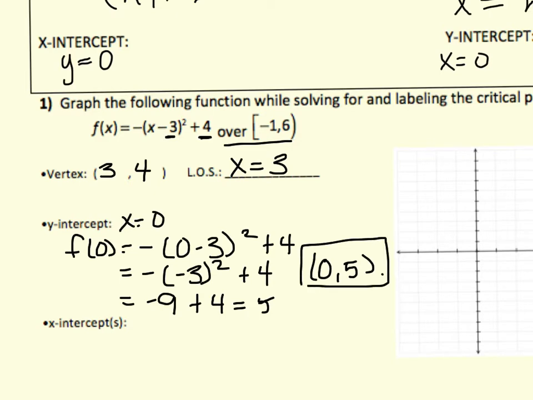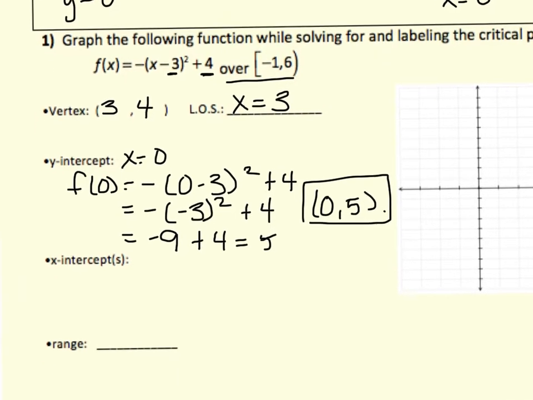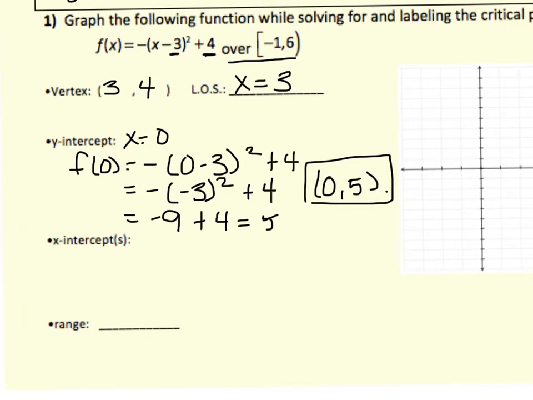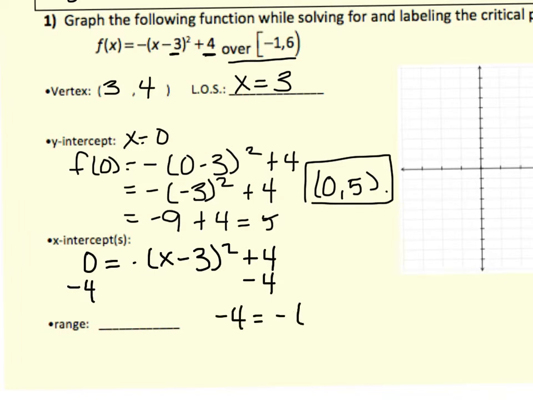The x-intercept is where y equals 0. So instead of f of x, I'm going to put in 0 equals negative (x minus 3) squared plus 4. So here is where it was important for you to understand how to solve things in our last objective because you're going to use them a lot in this one.